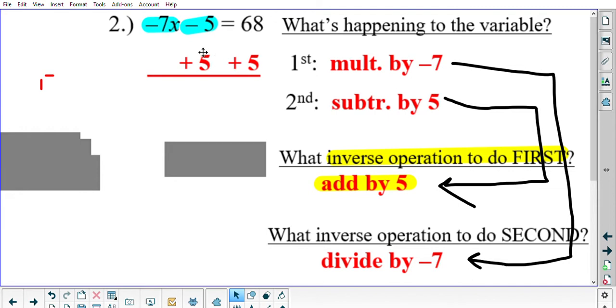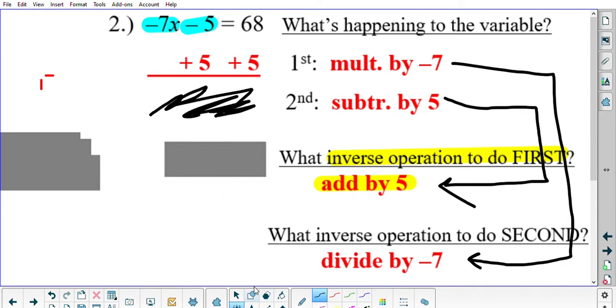Do not put the +5 underneath the -7 because that would make no sense. That's not the part you're inversing at that moment in time. So make sure you have the +5 underneath the -5. Make sure the other +5 is on the right side of the equation underneath the 68. Now, we're not going to solve for real, so leave a blank space underneath the result bar. If you want to put scribbles in there, fine.